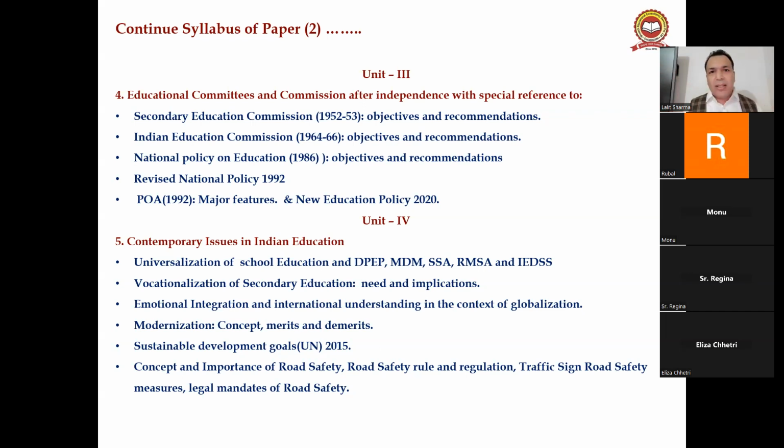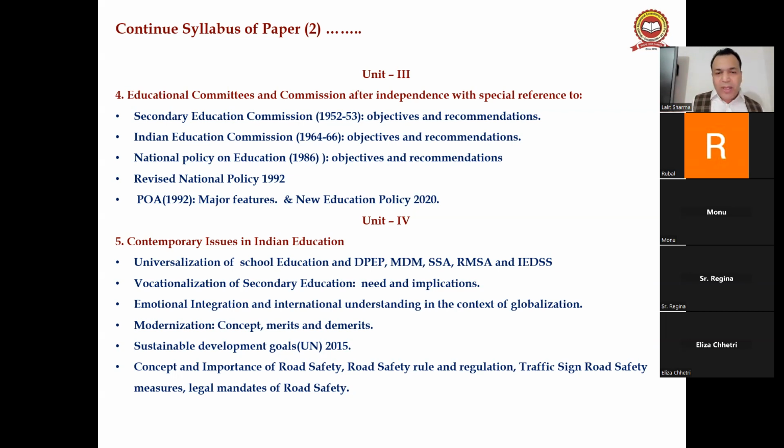Third, what happened in 1986? A policy came, the National Policy on Education, 1986. Then the same policy was revised again in 1992. Got it? And last, you are aware that the New Education Policy 2020 came.